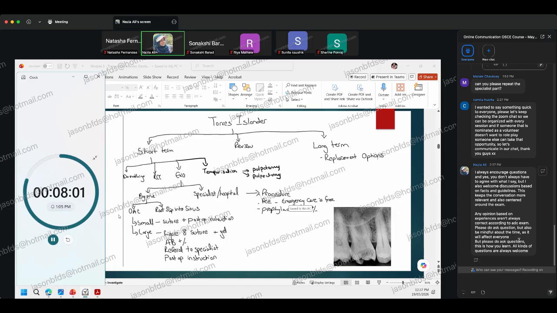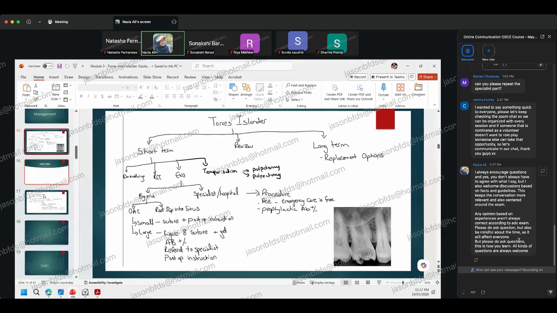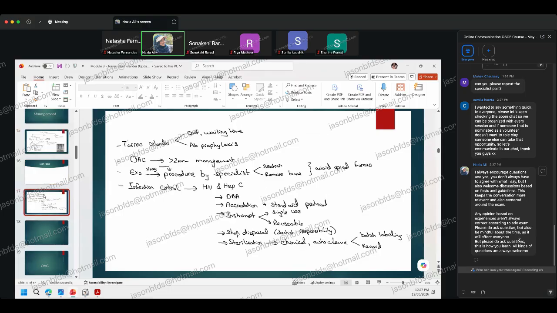And again, sharps handling, we use single-use instruments. So what they want to know is some keywords. The keywords they want to know are standard precaution. Two, which category does it fall into? These are critical instruments. All critical instruments need to be packaged.